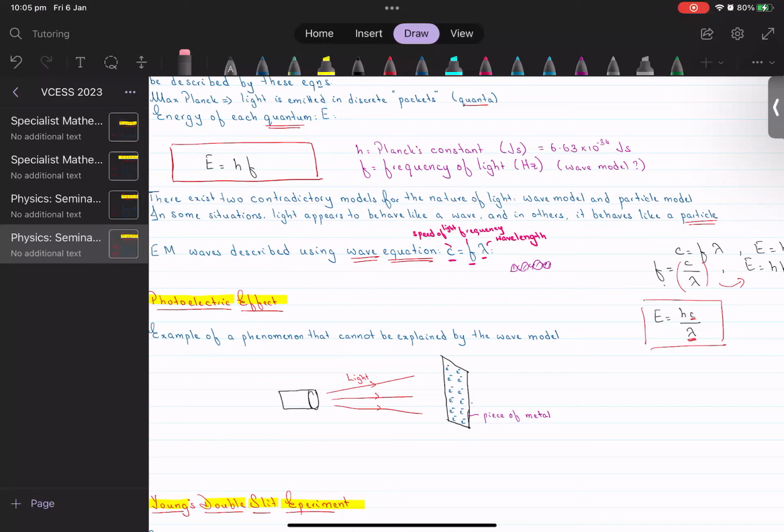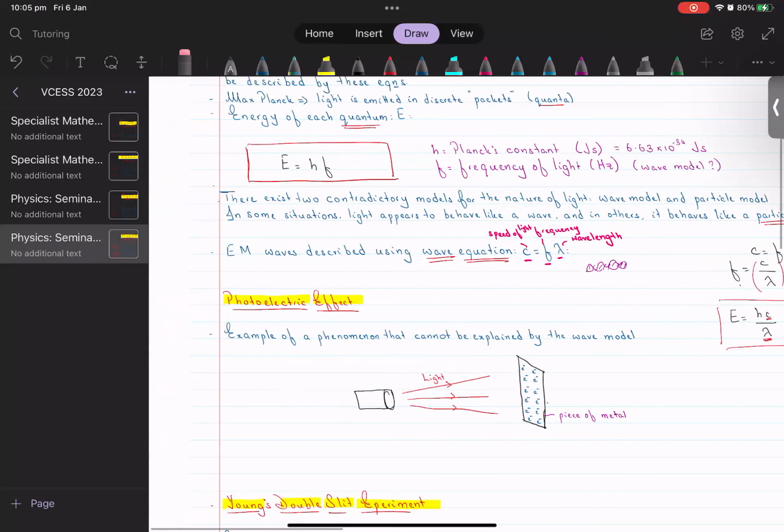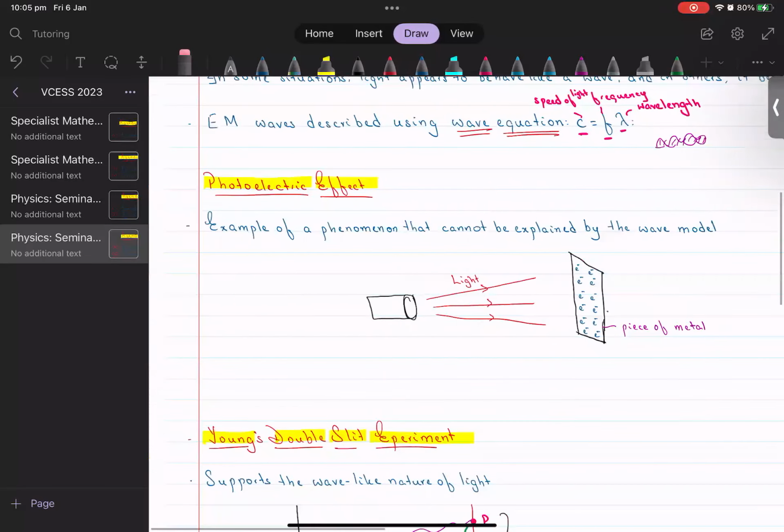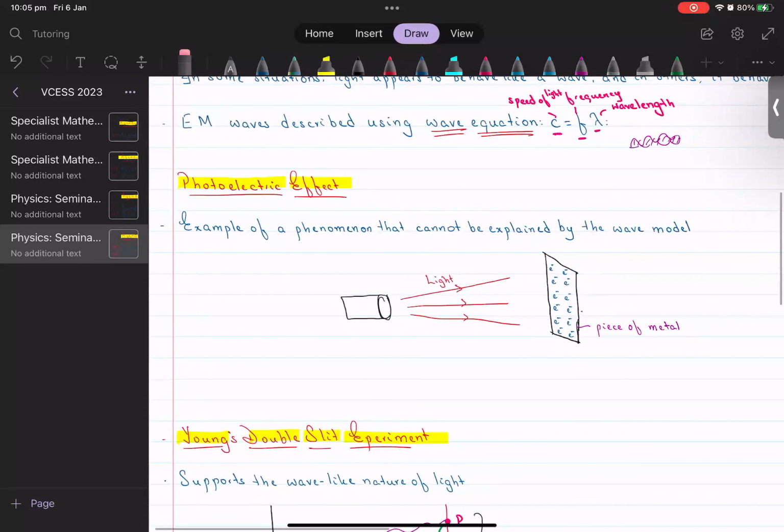Now let's look at pieces of evidence that support each type of model, starting from what's called the photoelectric effect. The photoelectric effect is something that Einstein came up with in the, I'm not exactly sure when, I think it was in the early 1900s.